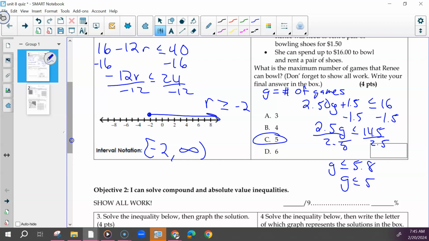So the 4 points there were: did you set up your inequality correctly? Did you solve it correctly? Get the actual correct answer, and then round it correctly. Questions on that? Make sure you are fixing any mistakes so you don't make these same mistakes on the test.